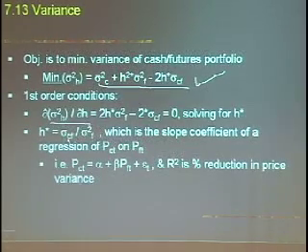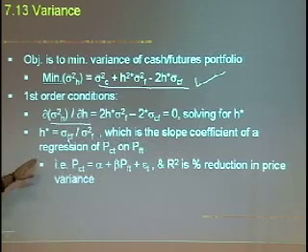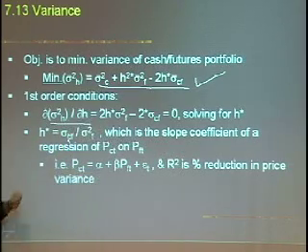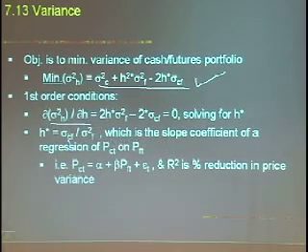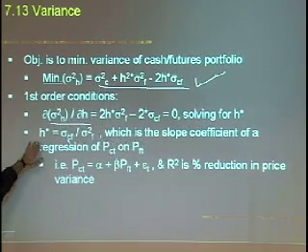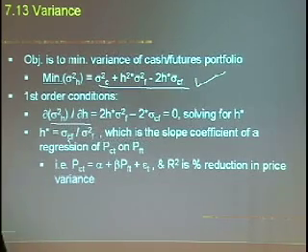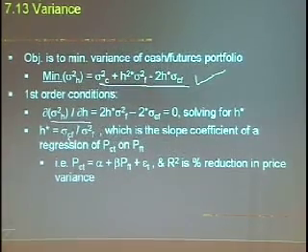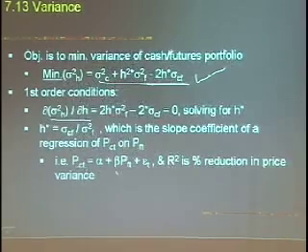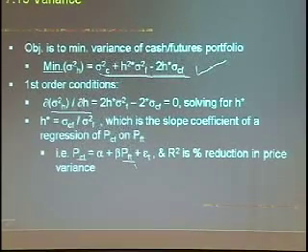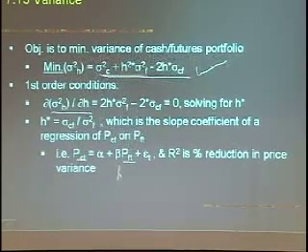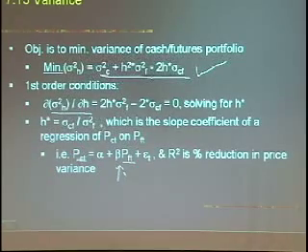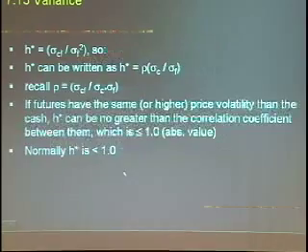Remember (X'X) inverse X'Y, that's what this is from regression theory. But you don't have to remember that. It's a way to estimate h star. You can estimate h star by running this simple regression where the dependent variable is cash and the independent variable is futures, and your estimate of beta will give you an estimate of h star. So it's a very convenient way to estimate the optimal hedge.